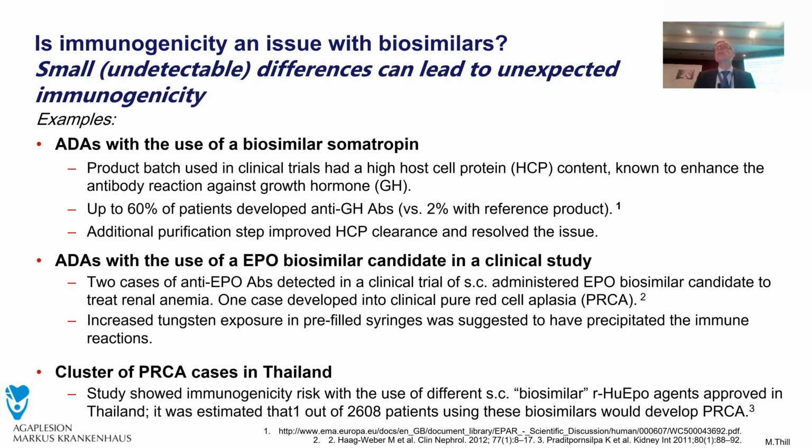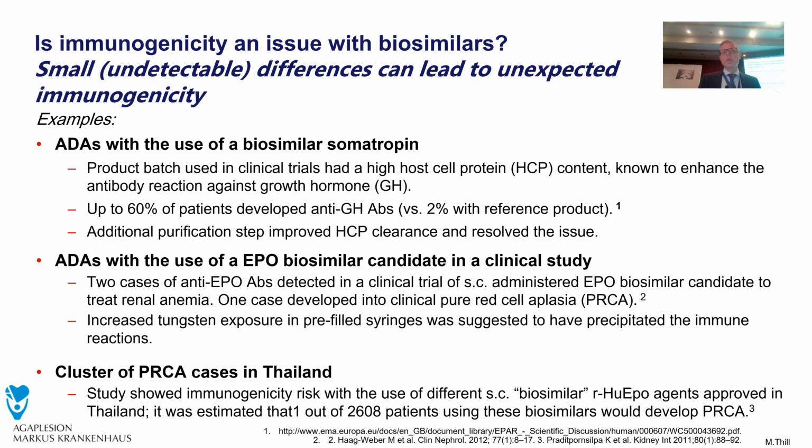There are some clinical examples, and I think this is important, though we have limited data out of the biosimilar somatropin area and the EPO area. There is some data that for biosimilar somatropin, up to 60% of patients developed anti-growth hormone antibodies.